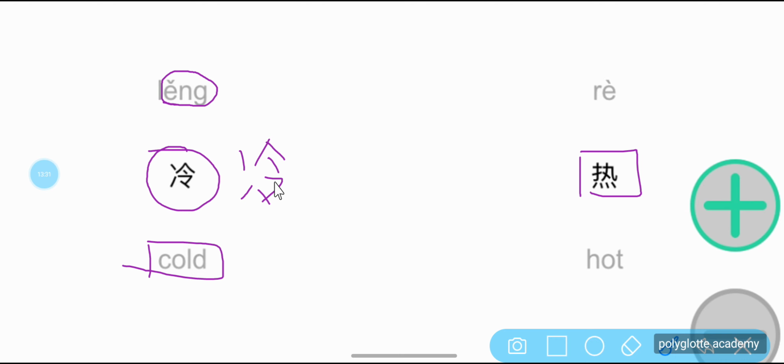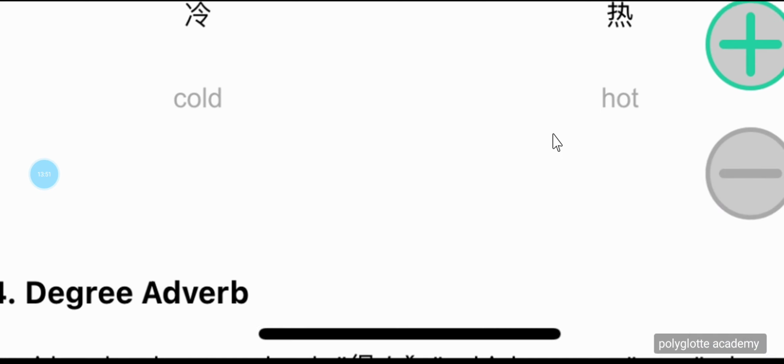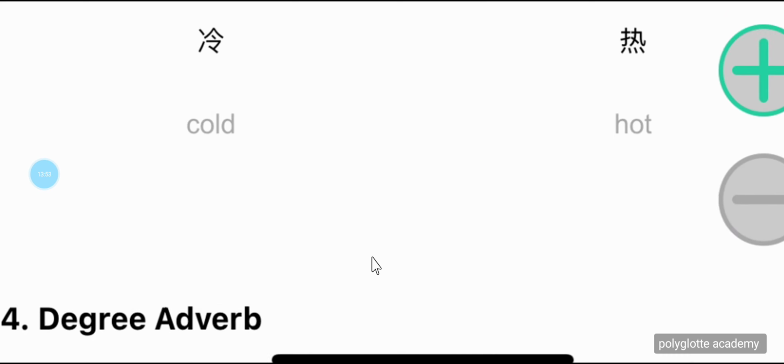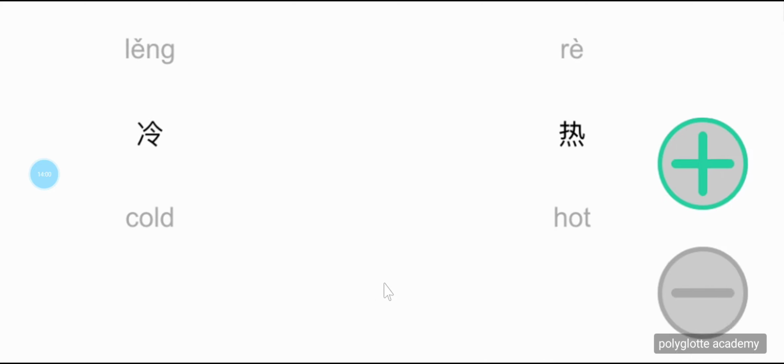So 冷 热, so cold, hot, 冷热 非常好. Okay, in the next page we're going to look at degree adverbs. So 好，继续.